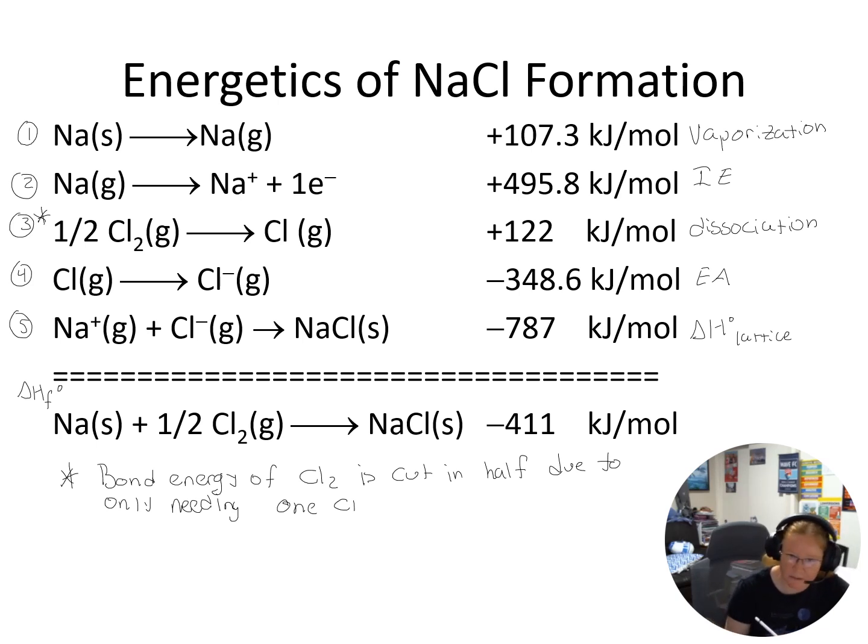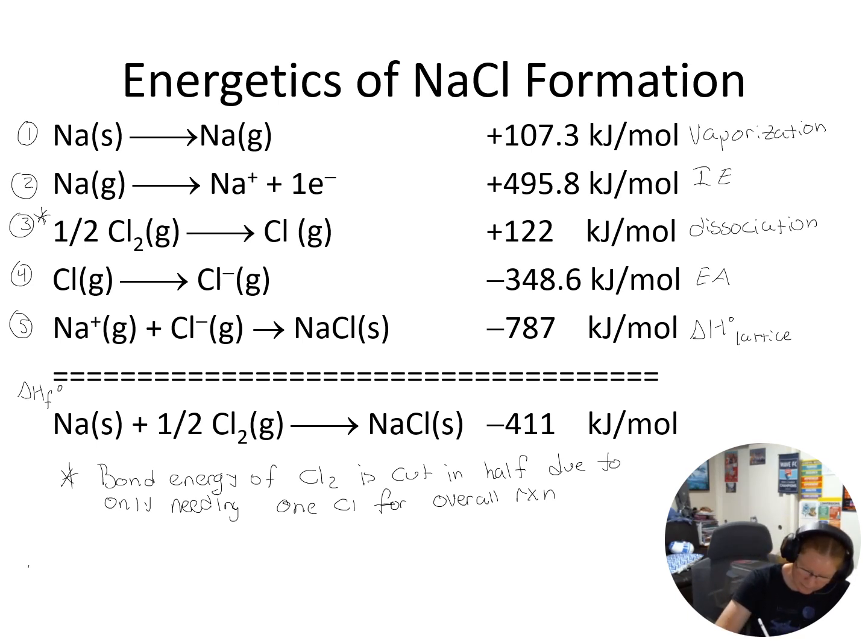Okay, we only need 1 chlorine overall. All right, my lattice energy, it costs energy to disrupt and it gains energy to form. So that's why it's negative there.